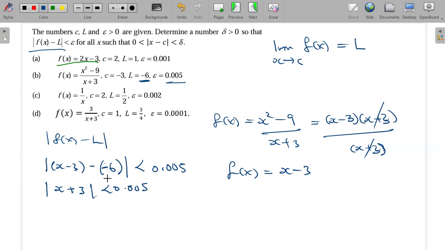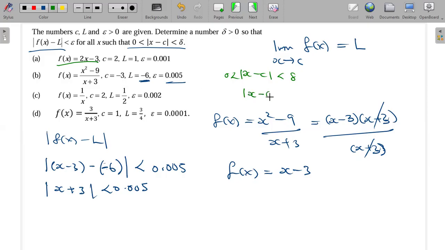Again, we want to isolate. Notice from the question that we have this point here, where we're saying that the modulus, that is x minus c, is in between 0 and delta. So if you replace what has been given, what is our c?